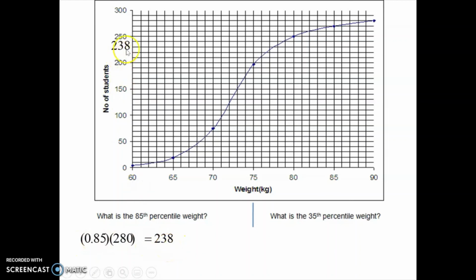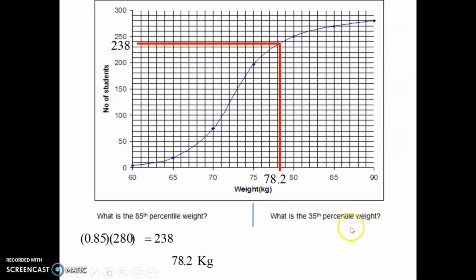So go to data point number 238 here, across and down, and you are at about 78.2 on the weight. So the 85th percentile weight is 78.2, which means 85% of students weigh 78 kilograms or less.